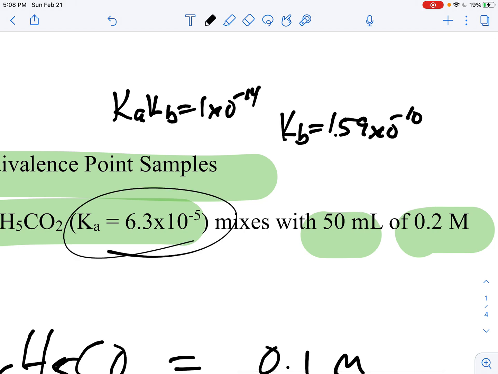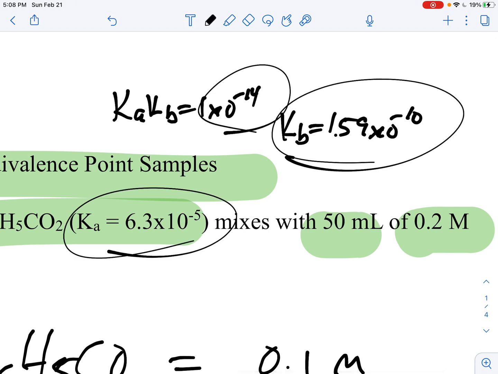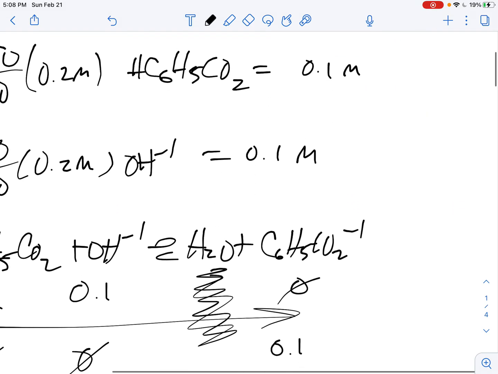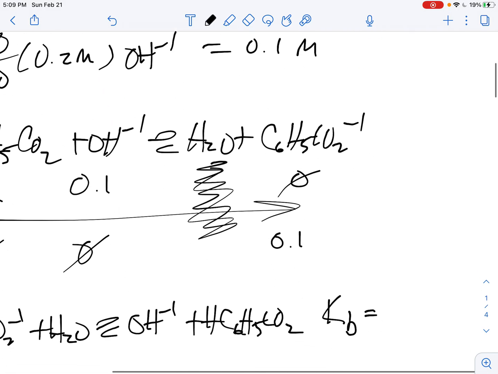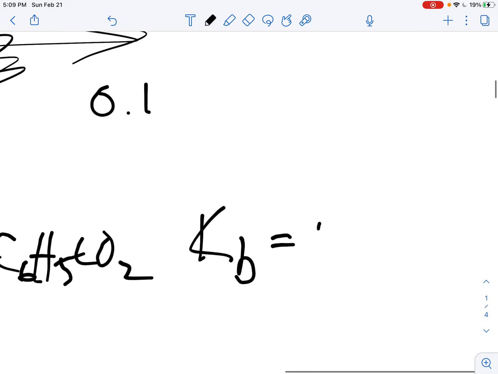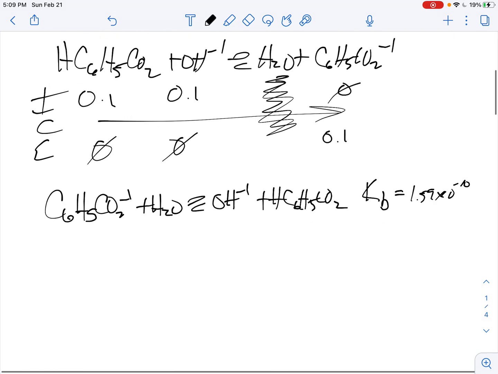So remember that that number times that number always equals that number. So if you have one, you have both. If you have the acid, you have the conjugate base. If you have the base, you have the conjugate acid. You know both, even though they might not have given you both. So what was it? 159 times 10 to the negative 10th.